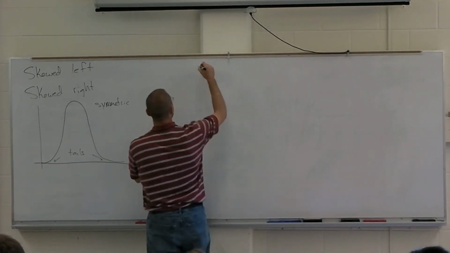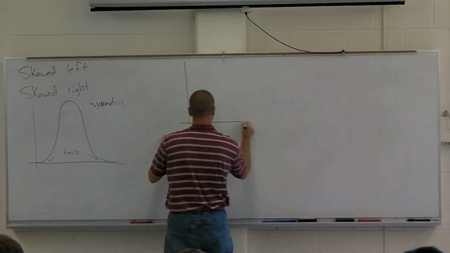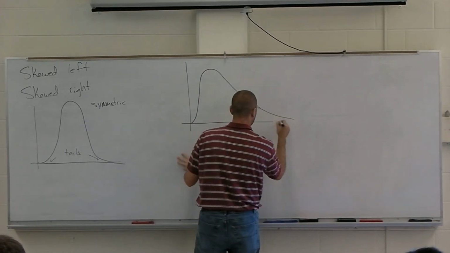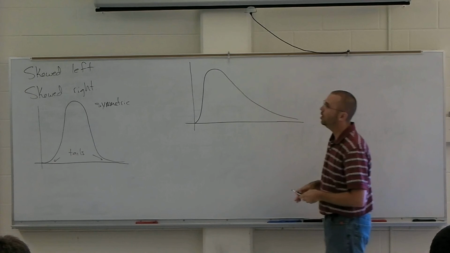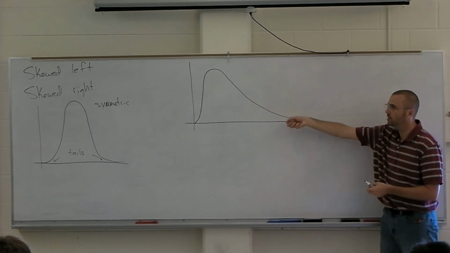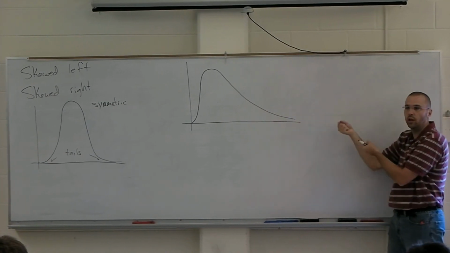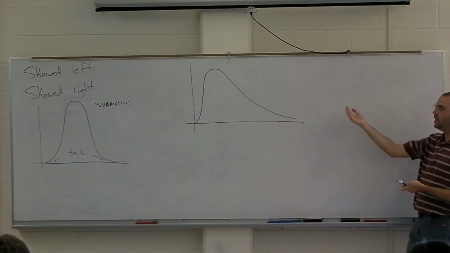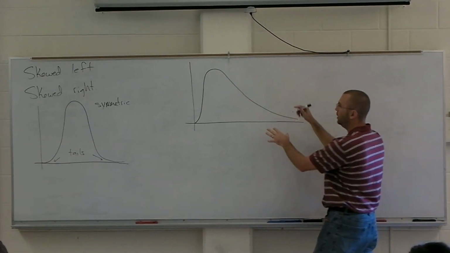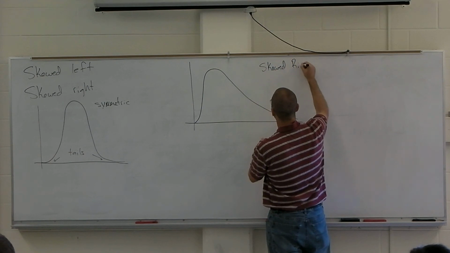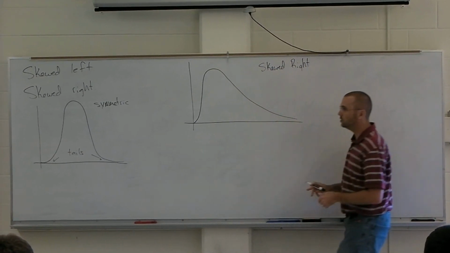So for example, if we take a look at a picture like this, someone has grabbed that right side tail and started pulling on it. In doing that, that has skewed our data to the right. So this is what is referred to as a skewed right distribution.